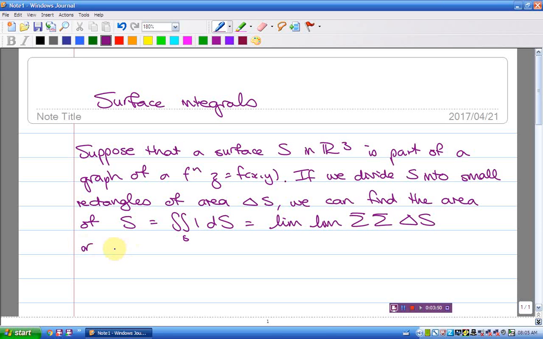Or we can work out the mass of S, which would be mass is... I don't know whether that's particularly clear.